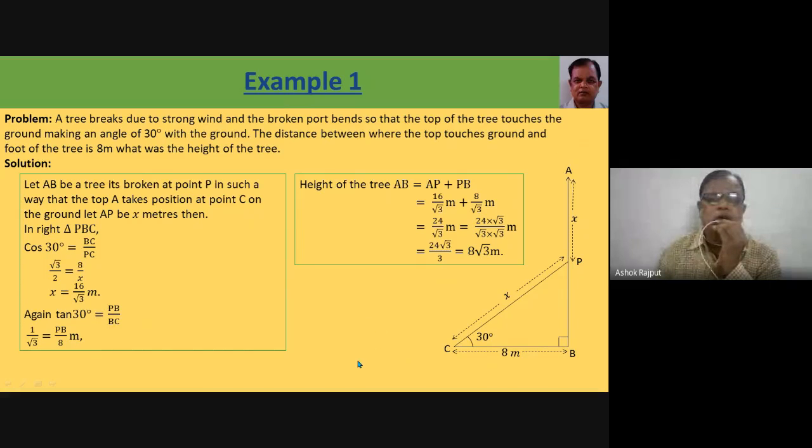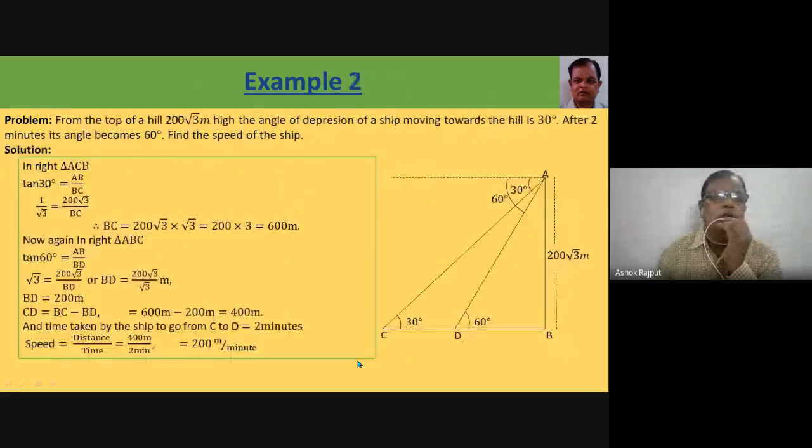Now next, from the top of a hill 200 root 3 meter high, the angle of depression of a ship moving towards the hill is 30 degree. After 2 minutes, its angle becomes 60 degree. Find the speed of the ship.